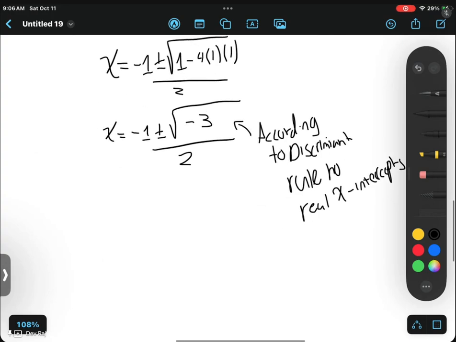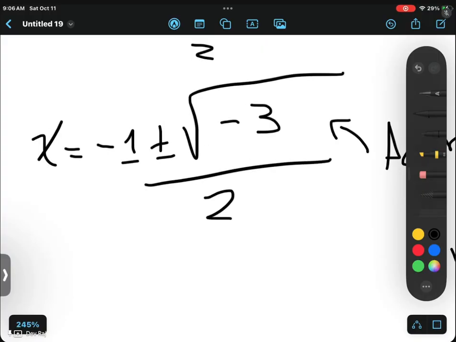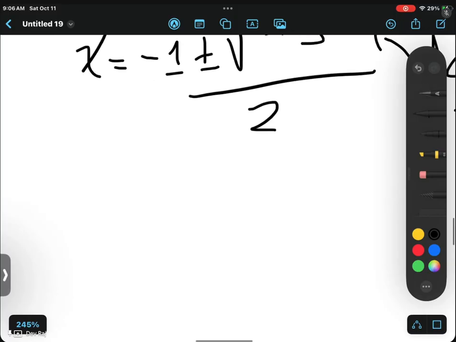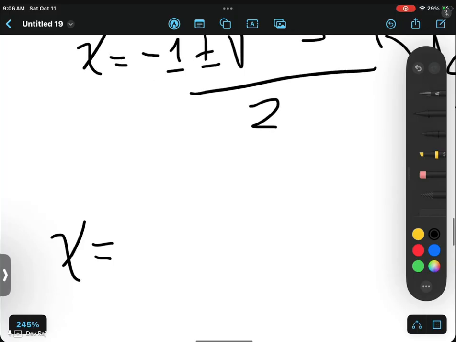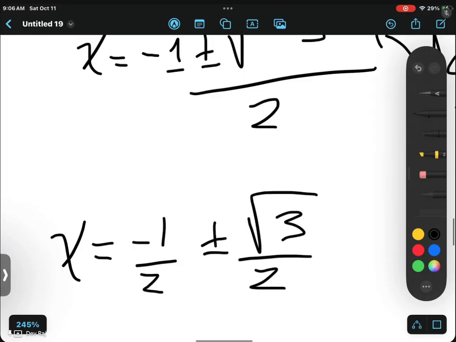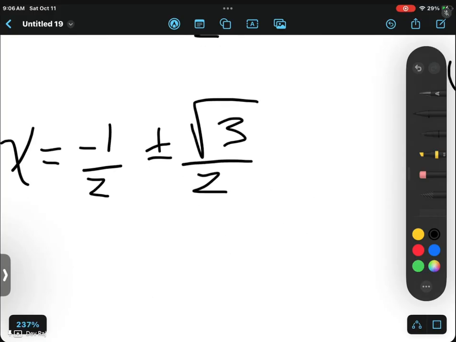So we fully factor this out. This is what we graph. We would graph this on our plane. So we would graph x equals negative 1/2 plus or minus the square root of 3 over 2, right? And then we can approximate what the square root of 3 is.